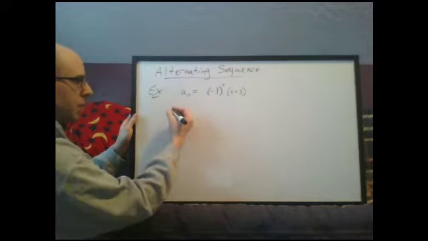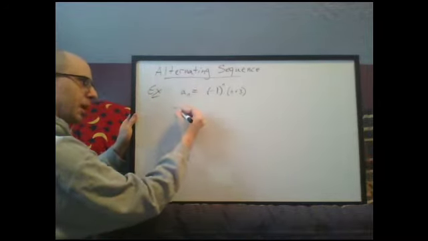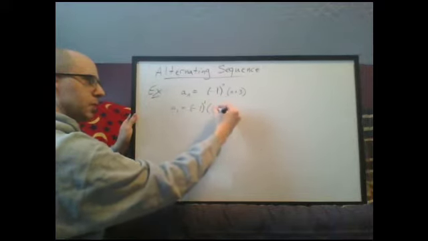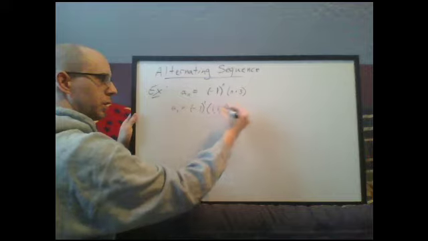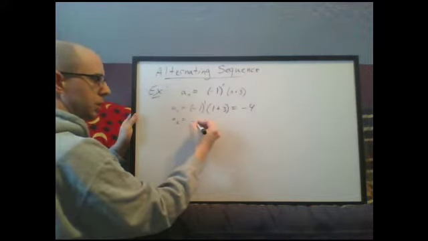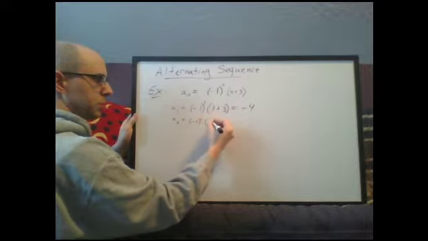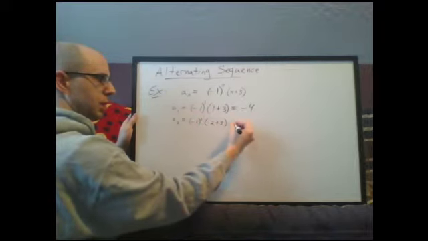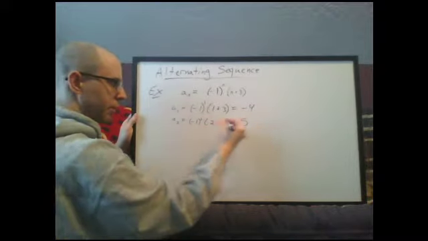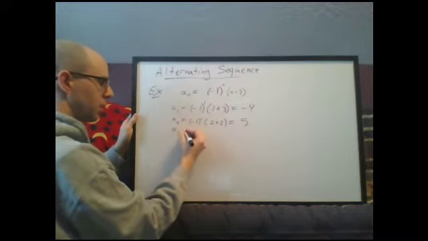So if we just list out a few of these, I won't do 5 again, but a1, -1 to the 1st power times 1 plus 3 is 4. That'll give me -4. A2, -1 squared times 2 plus 3. Now I'll have a +1 times 5, so +5, and so on.